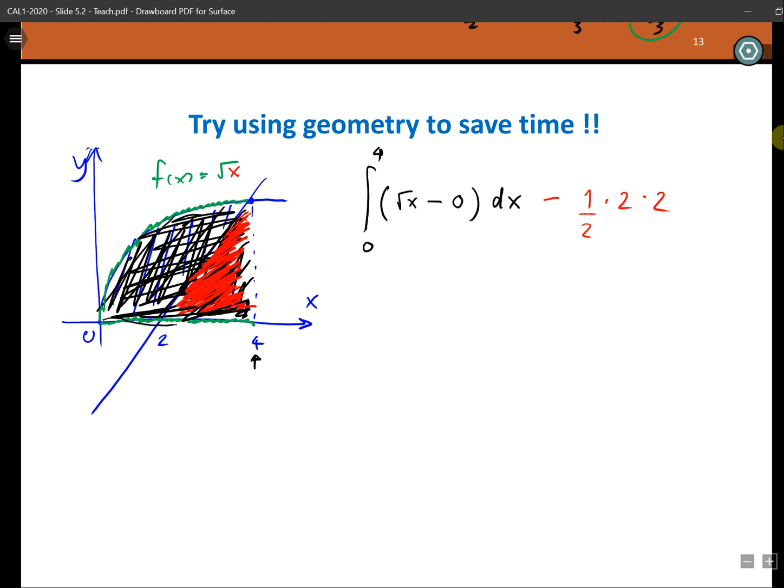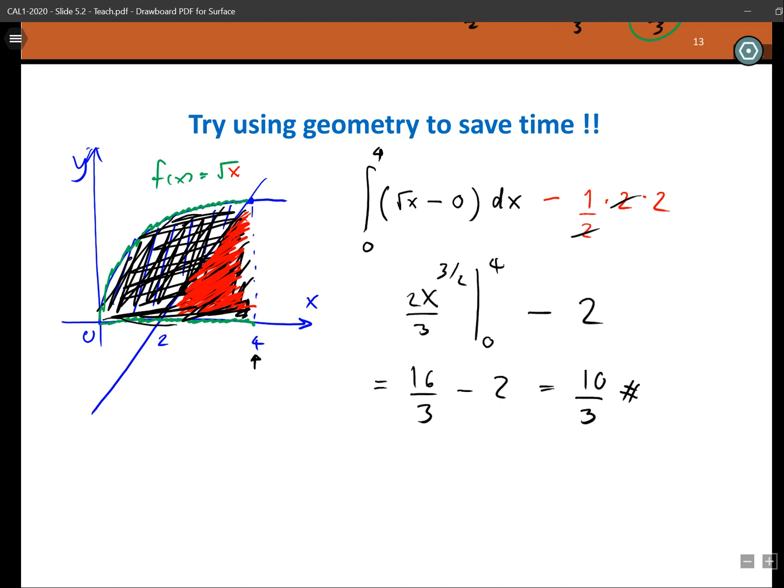This is easy. x to the power of 3 over 2, times 2 over 3, from 0 to 4, minus, this cancels, and we have 2 right here. So in the end, we have 16 over 3 minus 2 equal to 10 over 3.